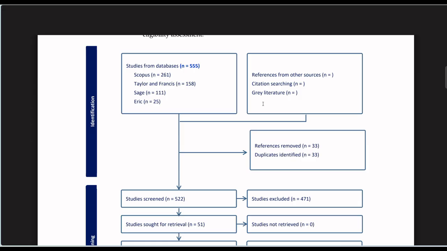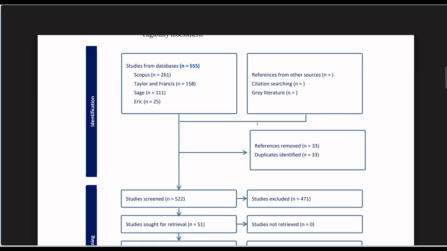Remember when you are crawling from each of the databases, you have the total in each. But by the time you bring them together, the articles that are repeated in 3 different databases, you will have to remove them. Those are duplicates.